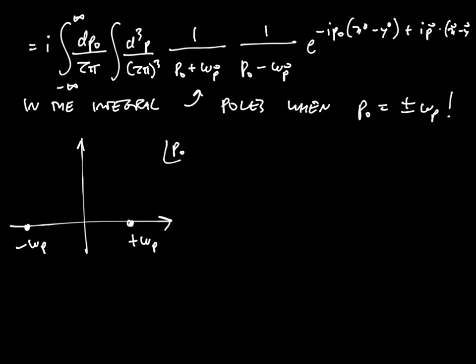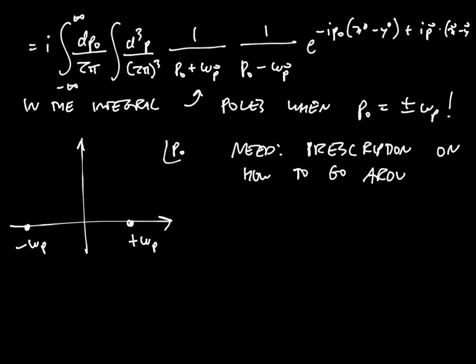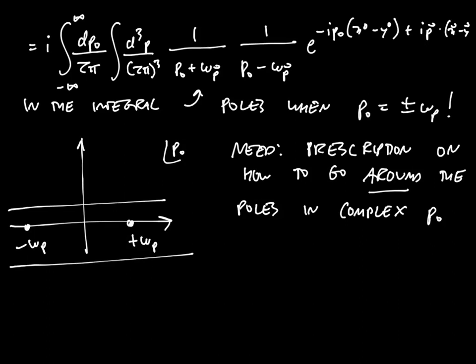So to make this integral well defined, what I actually need is a prescription on how to go around the poles in the complex p naught plane. For example, I could go like that, like that, or like this. These will all give slightly different answers, and I need to know how to do that.